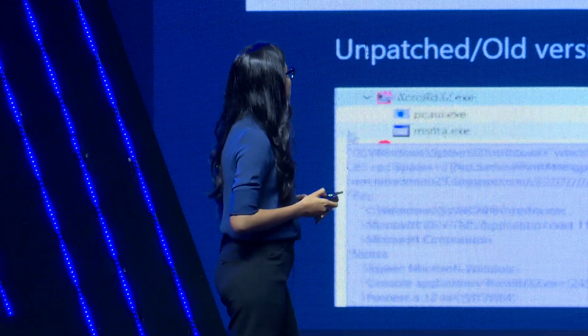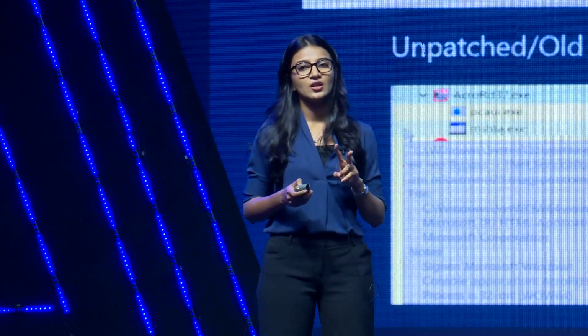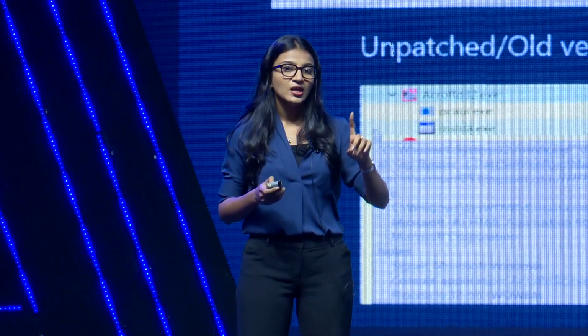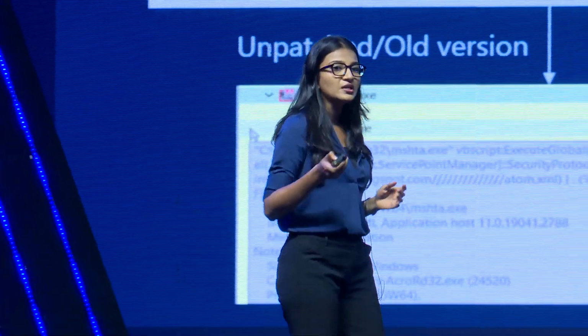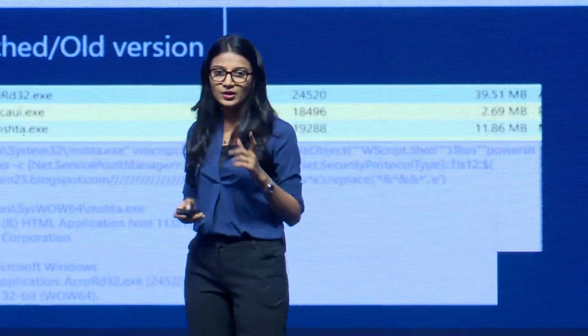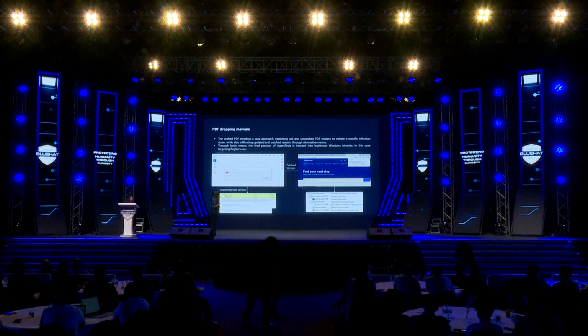What is so special about this PDF malware is it has two ways of infiltration. Number one, if your reader is old and unpatched, it has a certain way of infiltration. And number two, if your reader is patched and updated, it has another way of infiltration. I'm going to take the old and unpatched version first.